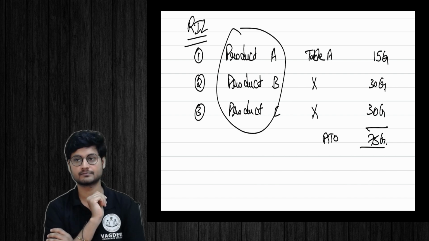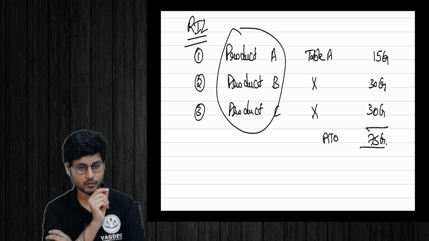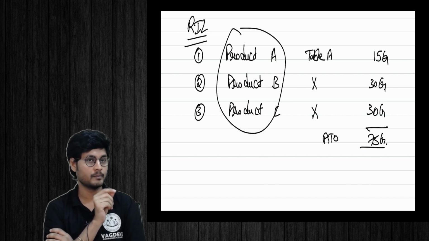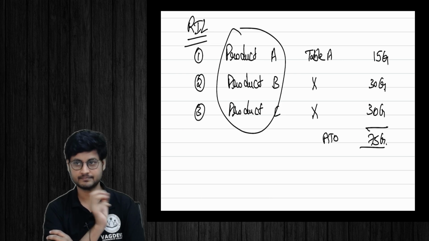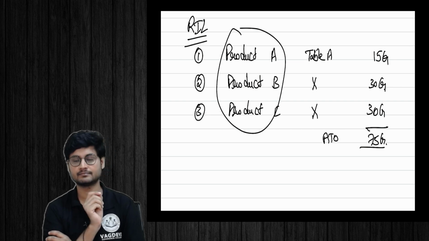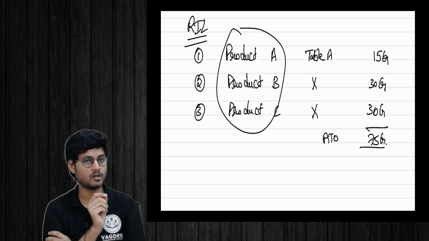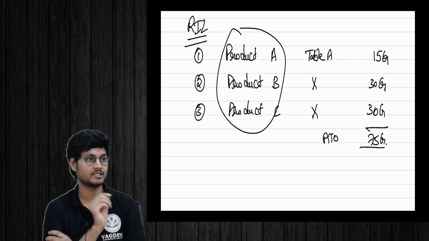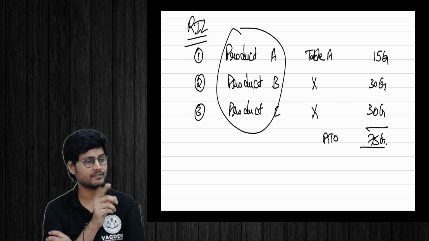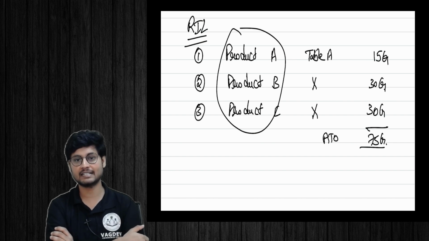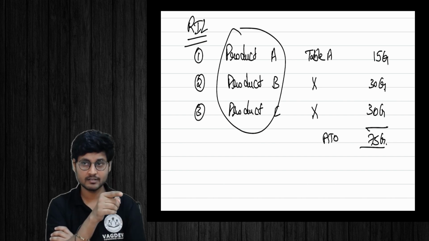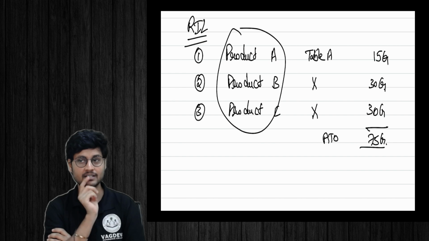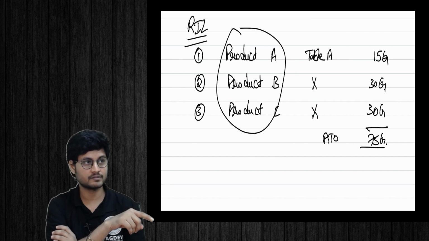Aggregate turnover of an individual product or products which are covered under table A or table B of which rule?